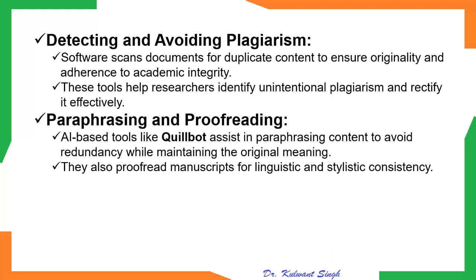Then paraphrasing and proofreading. The paraphrasing tool Quillbot is the best one to avoid similarity, as well as to paraphrase content without losing the original meaning of the sentences. And there are many AI tools available for proofreading of manuscripts.